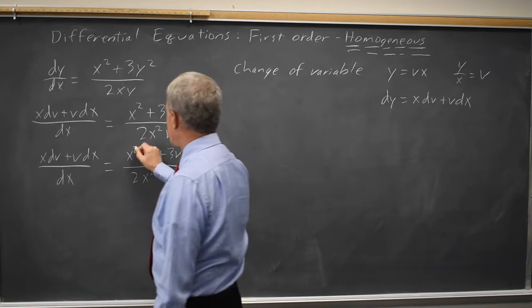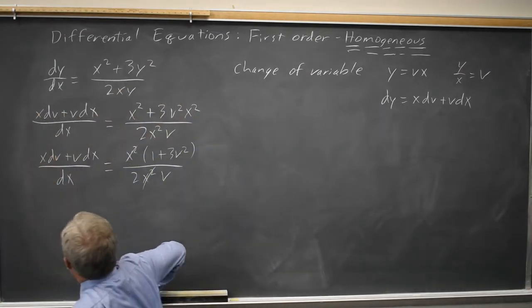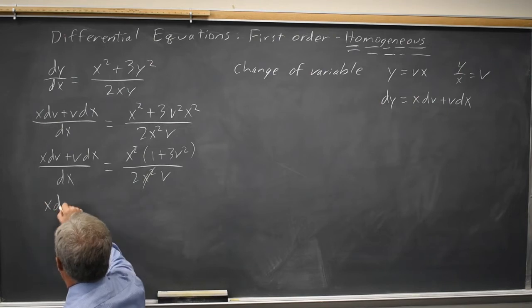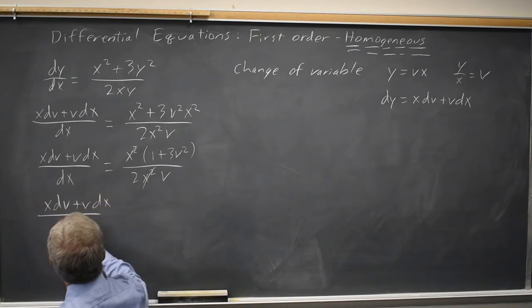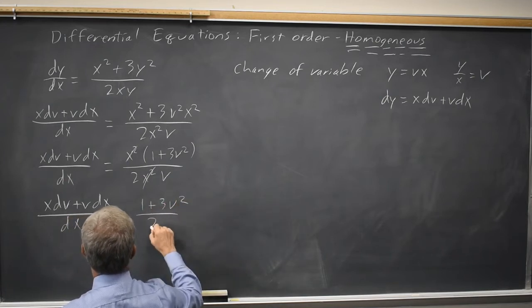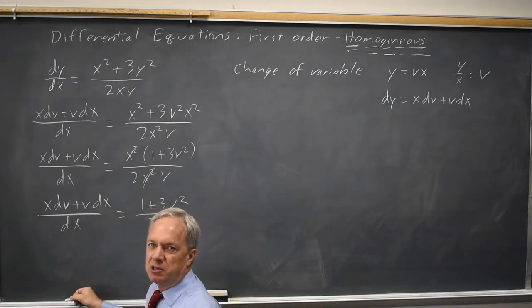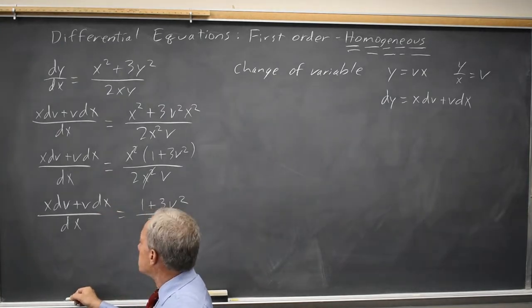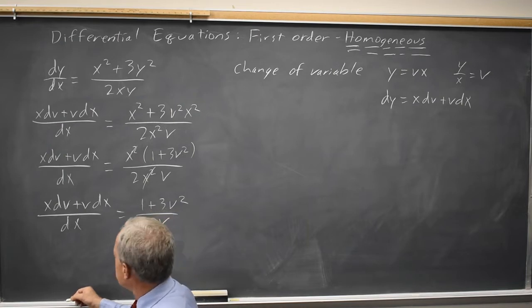x squared over x squared is 1. So this is x dv plus v dx over dx equals 1 plus 3v squared over 2v. At this point, I cross multiply. We're going to cross multiply and then combine all dv terms on one side, all dx terms on the other.